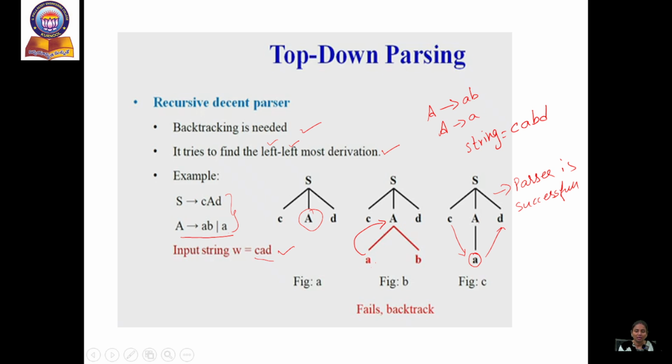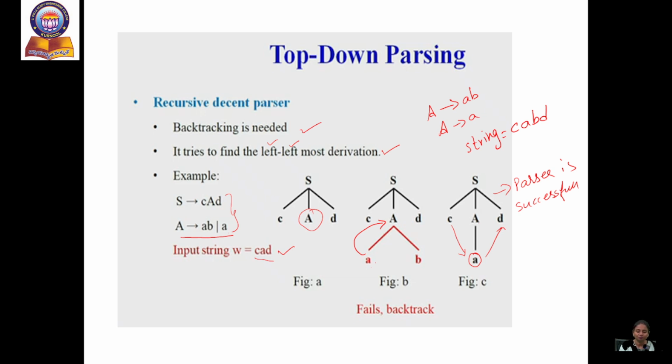So like this, backtracking is possible in the recursive descent parser with backtracking, where it allows backtracking by moving one step backward, to the previous step, and choosing the next production derived for that particular non-terminal.